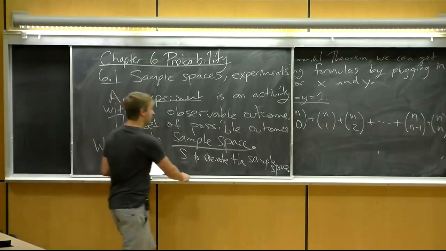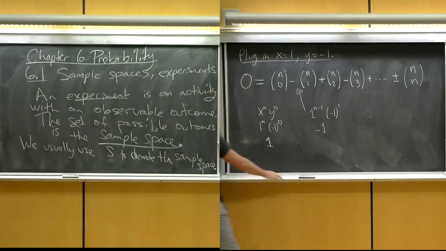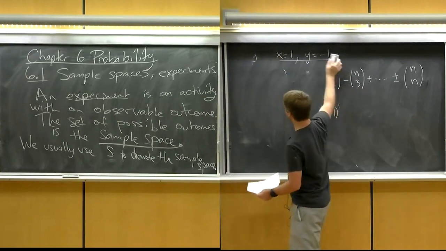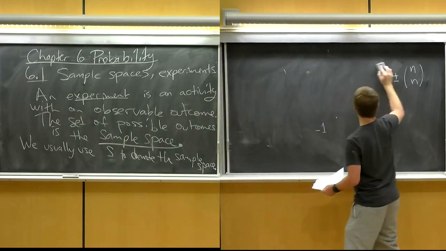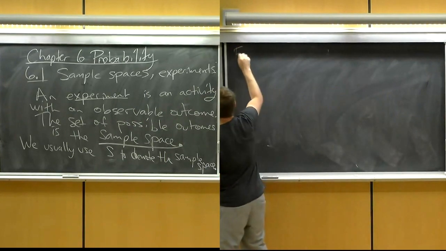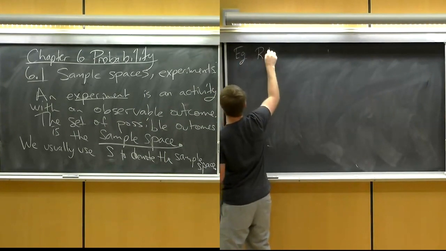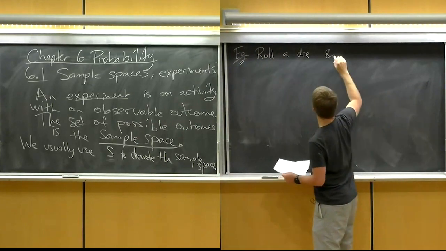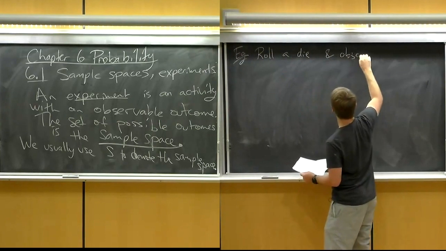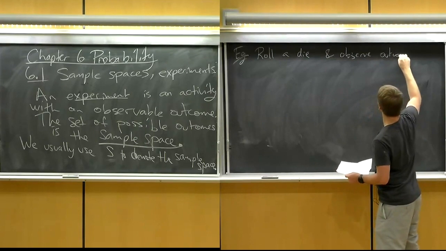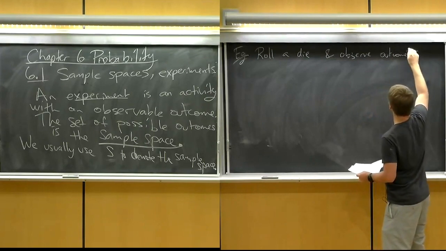Okay, so as an example, an experiment could be, well, I already said one, flipping a coin, right? Another example is, roll a die and observe the outcome. So this would be an experiment.